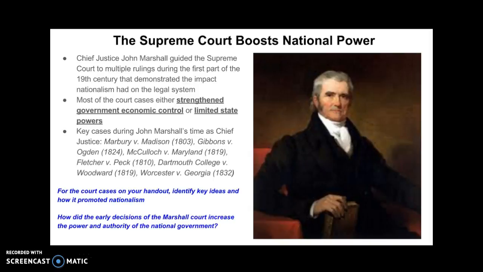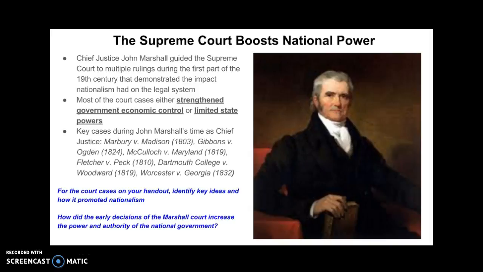This is from 1824. And so the idea that this court case contained is that in interstate commerce, that means business that's going across state lines, state laws must yield to federal laws. In other words, the federal government has power to regulate interstate commerce, or anything that moves across state lines.